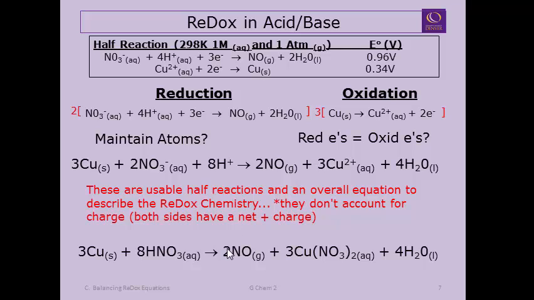So what I've done down here just to explain it is to show you what happens in reality if you actually add 8 equivalents of nitric acid to 3 copper 0 atoms, then you'll basically form 2 nitrogen monoxide molecules. You'll have 3 equivalents of copper nitrate in solution, and then 4 waters will form.